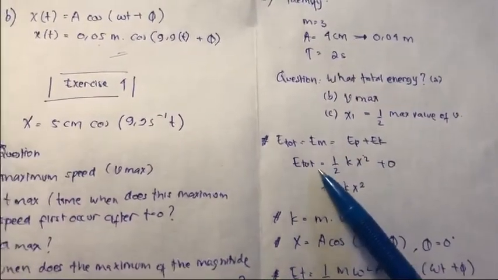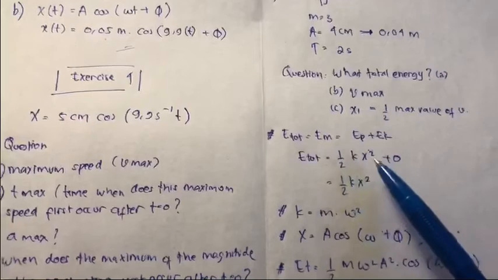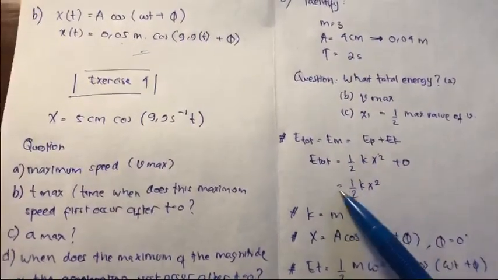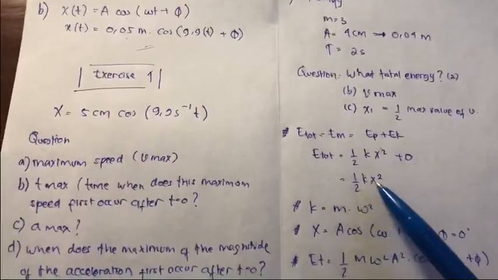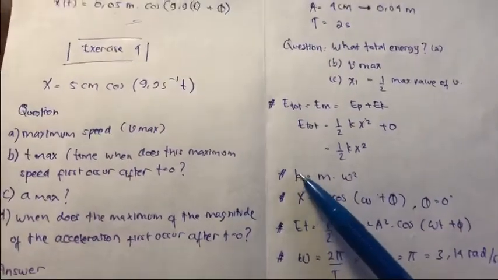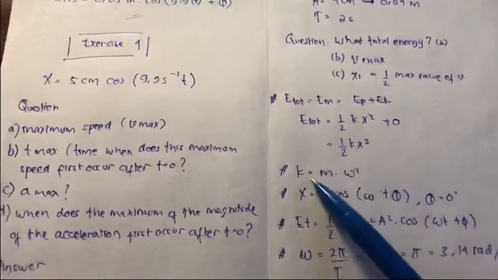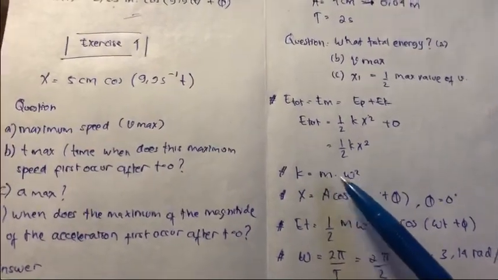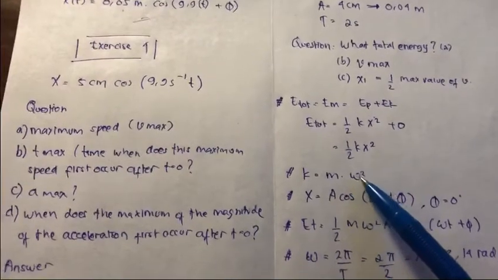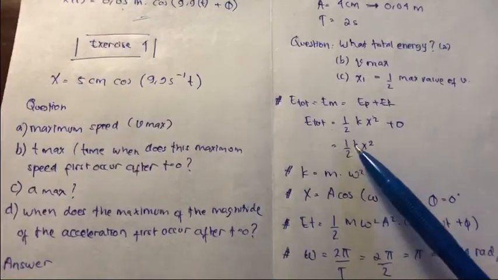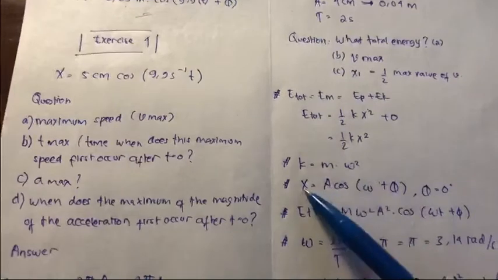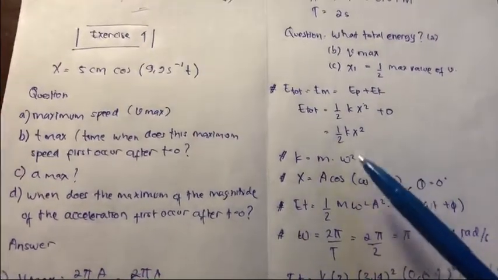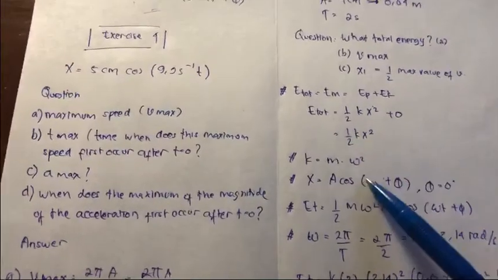Total energy is half k x squared plus 0, because the kinetic part is 0, and half k x squared is the total energy. The k equation is m multiplied by angular frequency squared. We can put it here, and x is A cos of angular frequency times t plus phase, and we can put that here too.